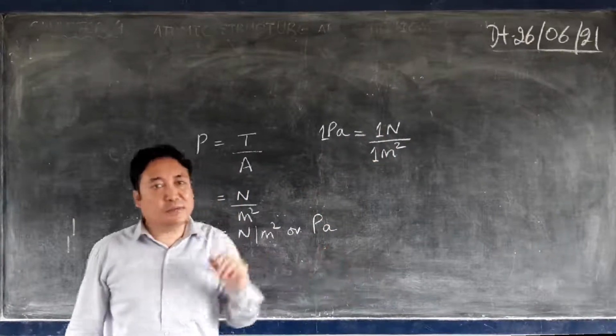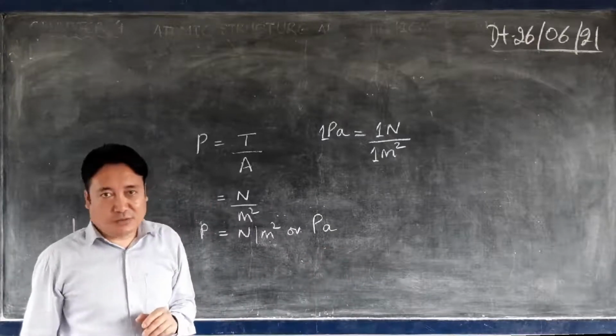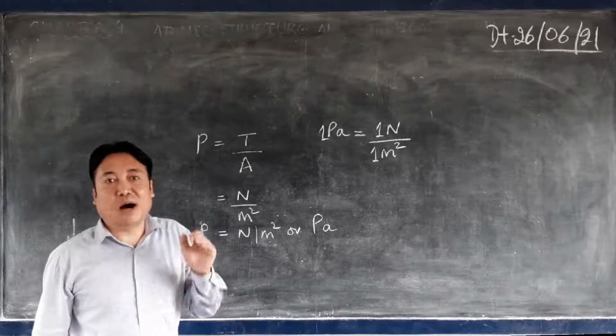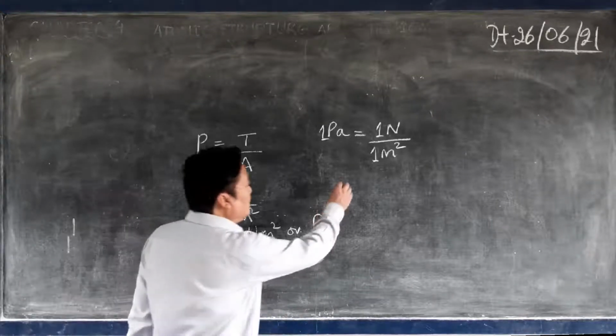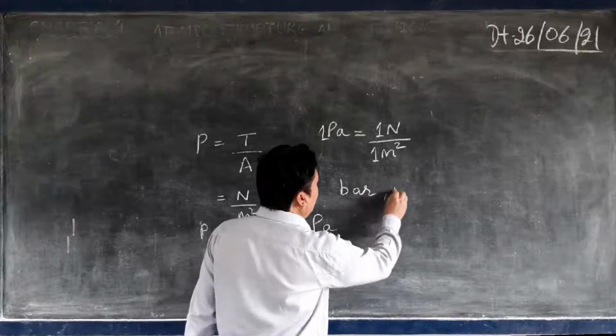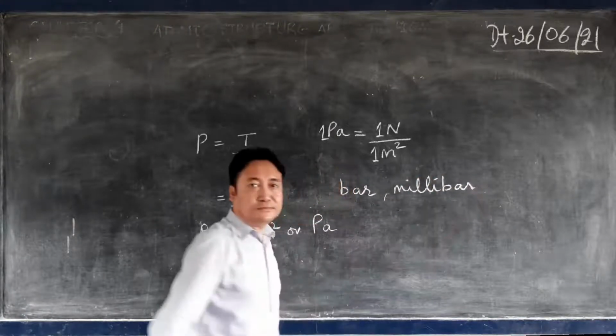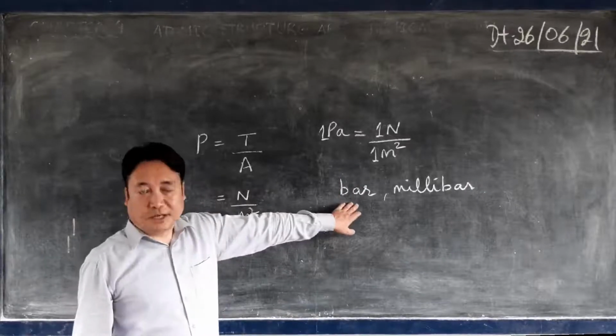The CGS unit of pressure we have already discussed, and other units of pressure are also there, known as bar and millibar.